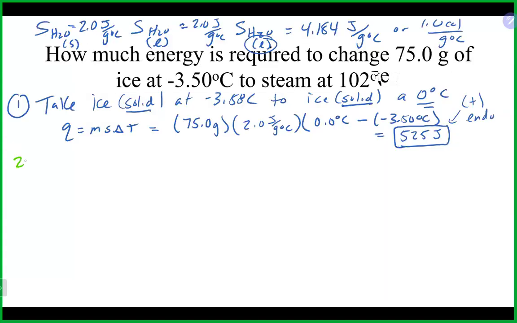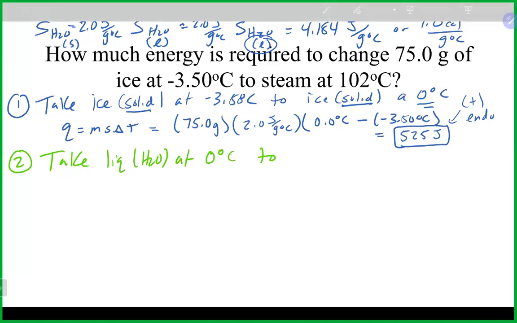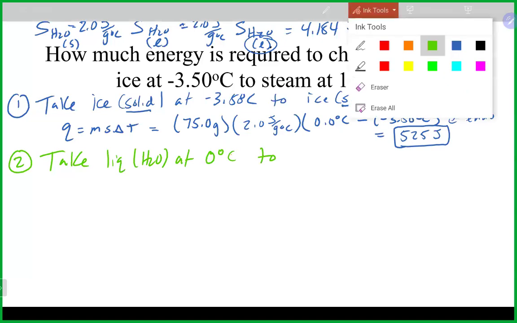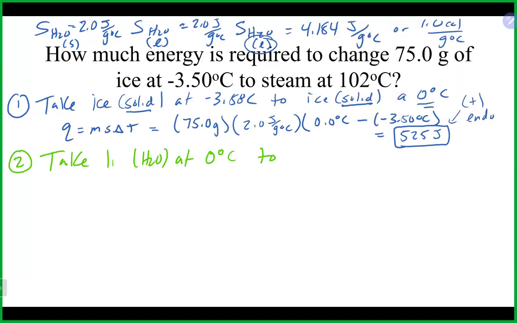So the second step is, now that we're at our normal melting point, we're going to take ice to liquid water at 0 degrees. I'm sorry, we're at ice, we didn't get to liquid yet, we're getting there.